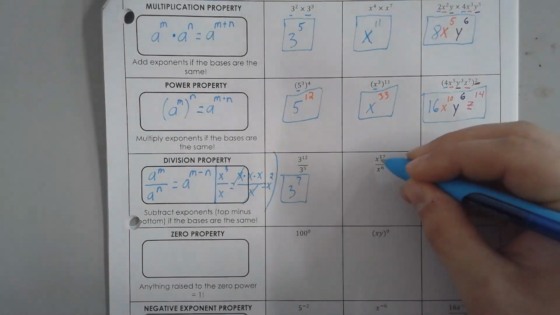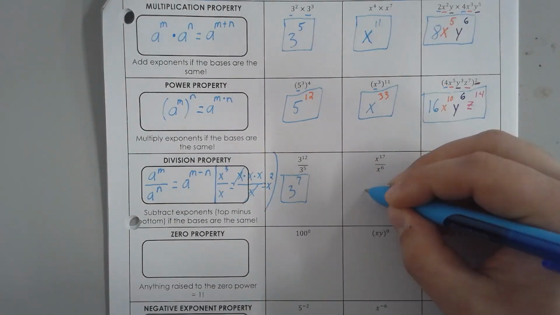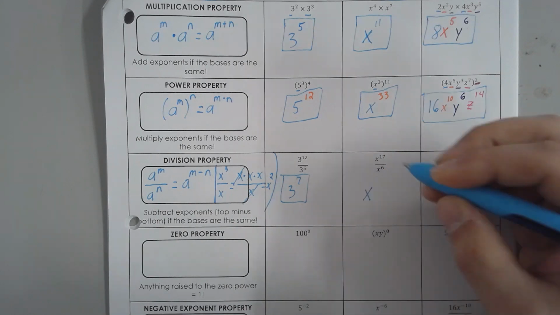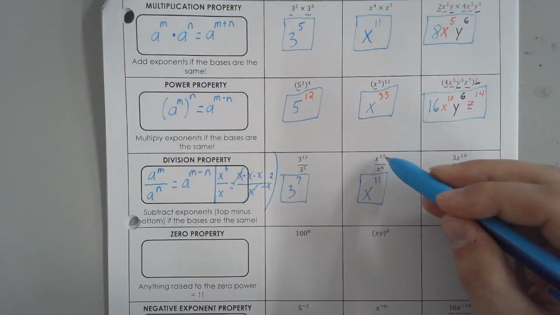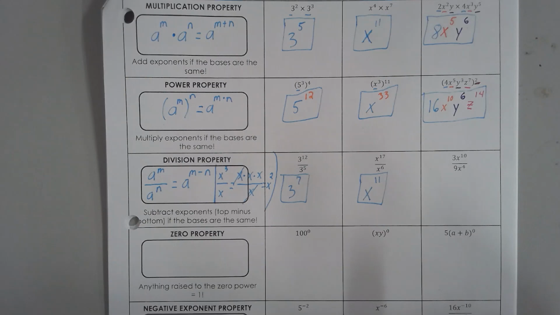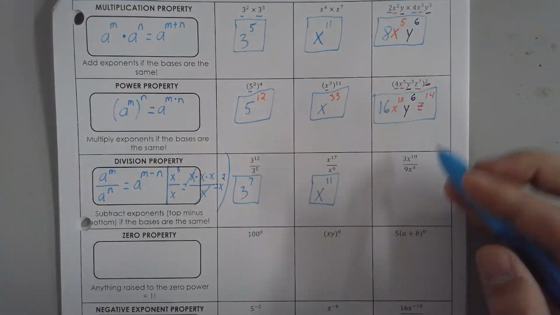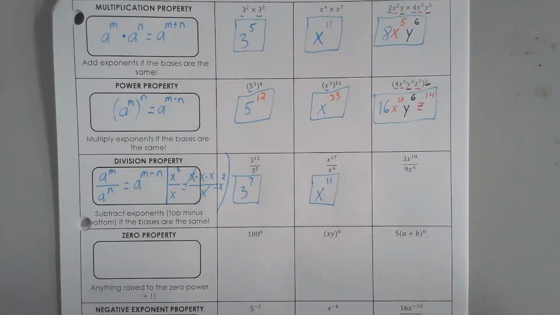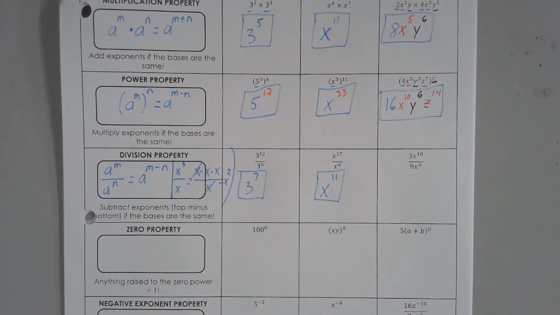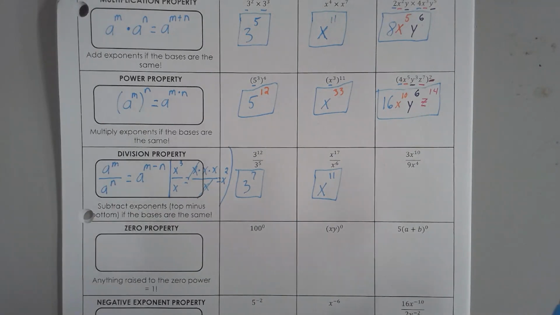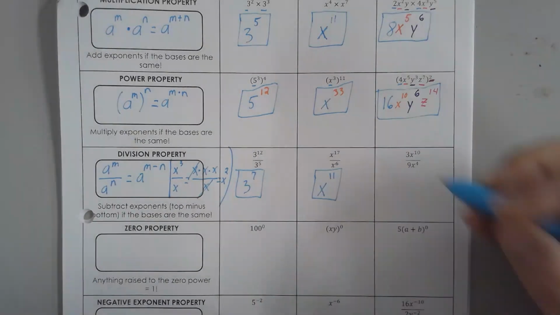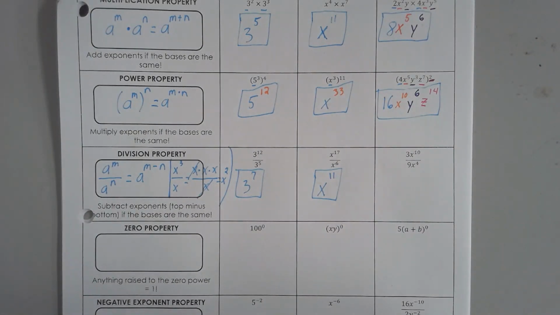Next we've got x to the 17 over x. We've got a 3 and a 9. So since those are attached to the variables, we can go ahead and divide those. Which 3 divided by 9, if you put that in your calculator, it's going to give you a decimal.